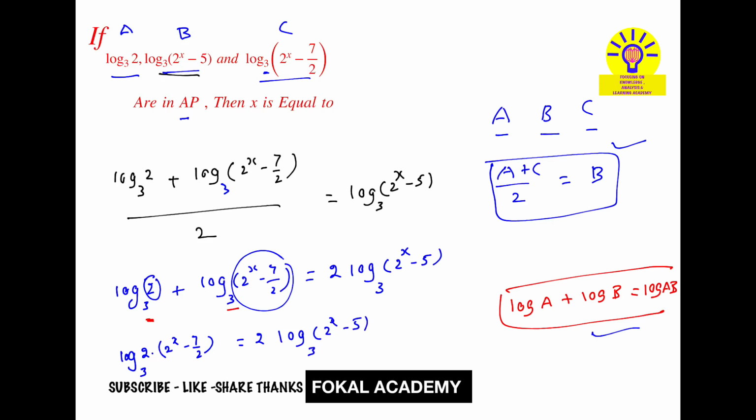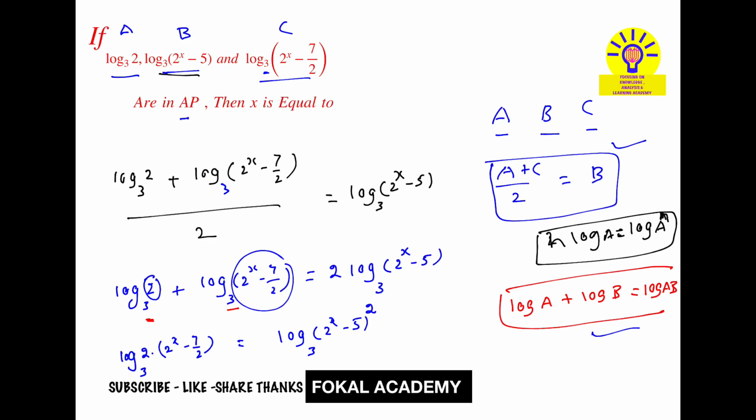So it can be written using n log A equals log of A power n. So according to this, it becomes (2^x − 5) whole square.